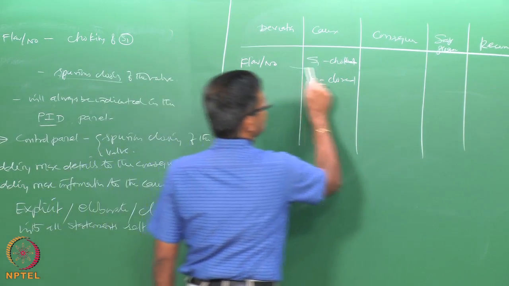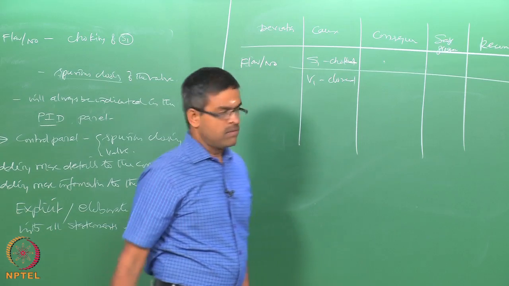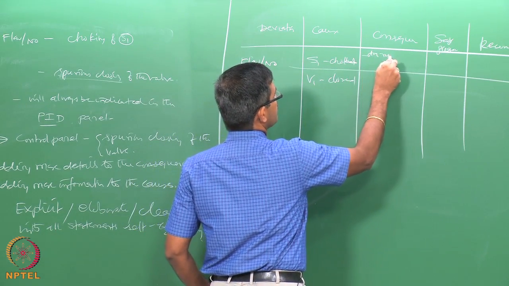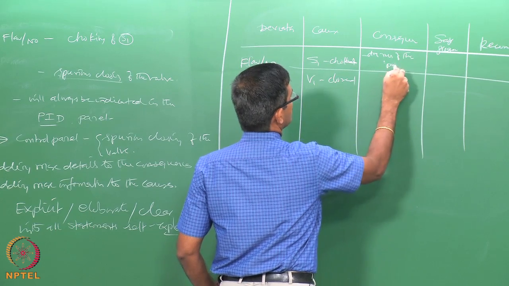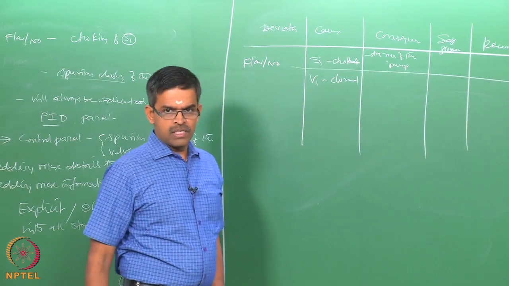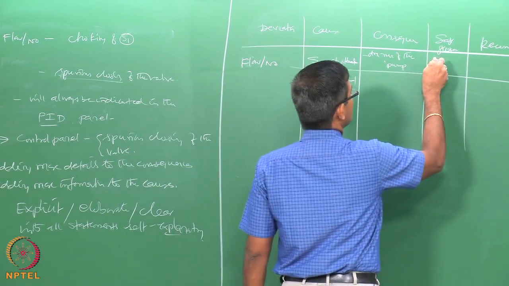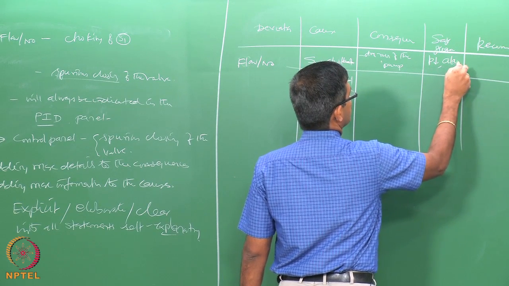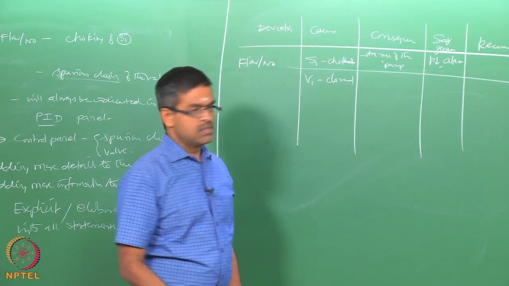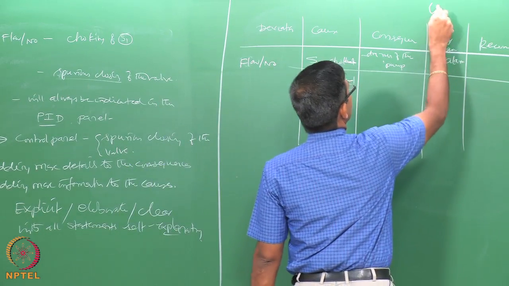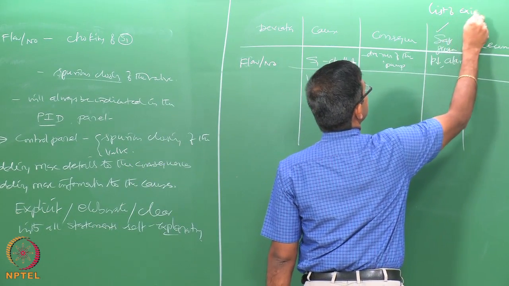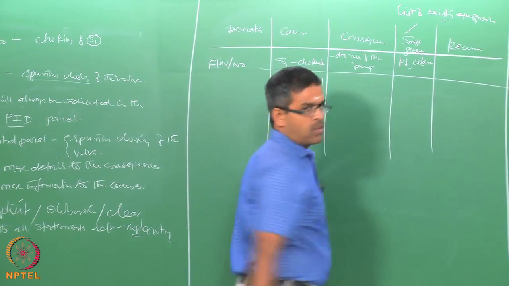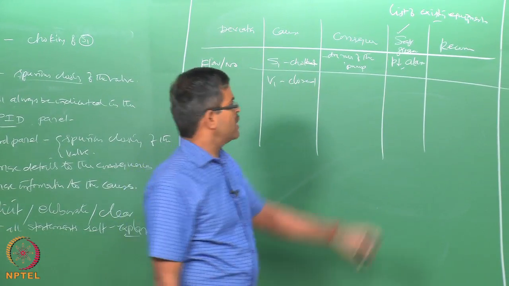For each one of them, one can explain the consequences. When the strainer S1 is choked, it may result in dry run of the pump. The safeguard is, you can always say when the pressure in the pump is lower, there is an alarm which is already existing. Safeguards are the ones which show the list of existing equipments. The one which you want to add new should be in the recommendation.